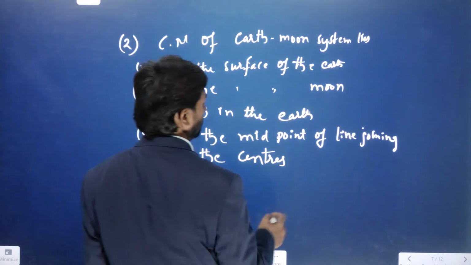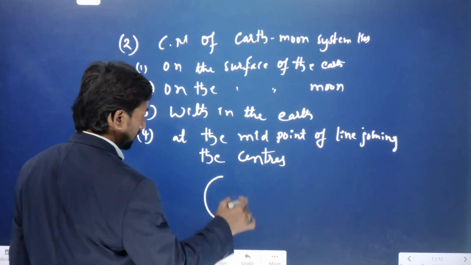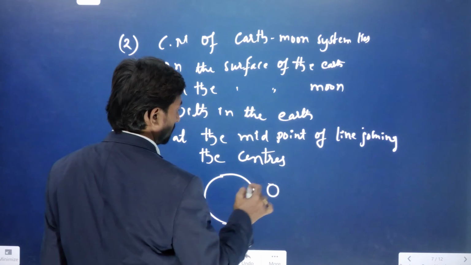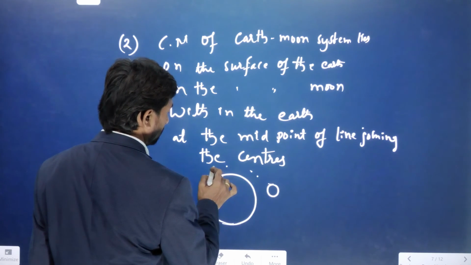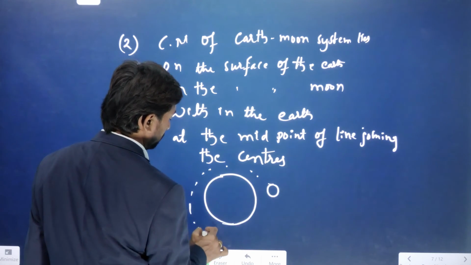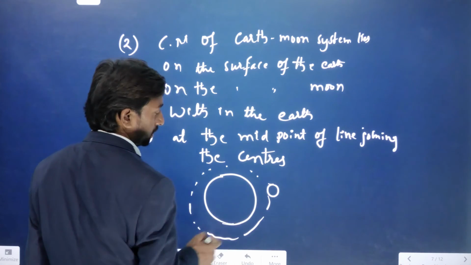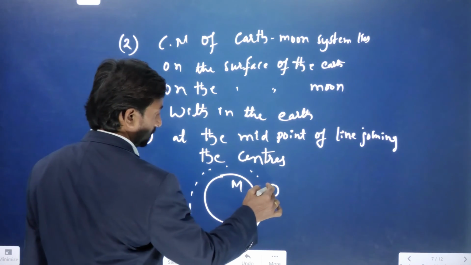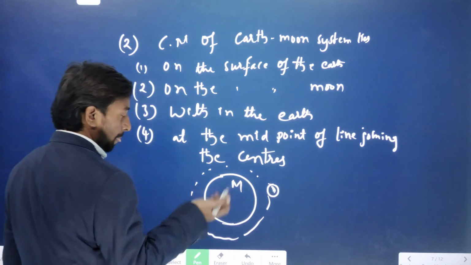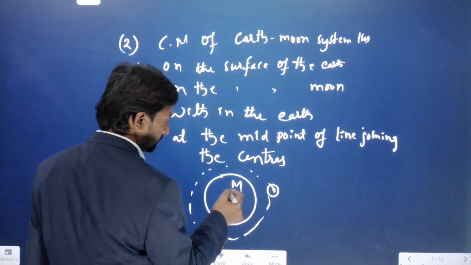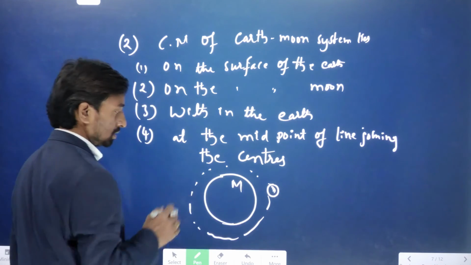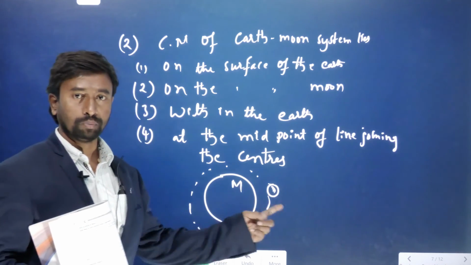So, we can see here that the earth has a heavier mass than the moon. So, in a particular orbit around the earth, the moon will be rotating. So, this is the heavier mass, and this is the moon there. Now, definitely it is not on the surface, it is not on the moon, because the mass of the earth is heavier than the moon.